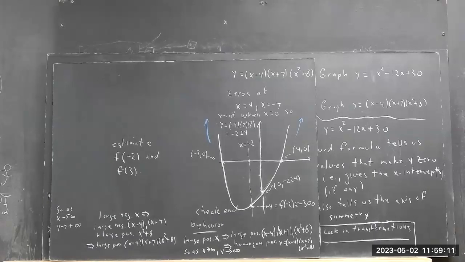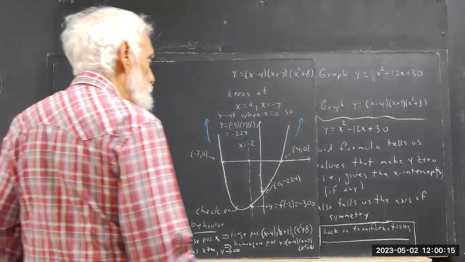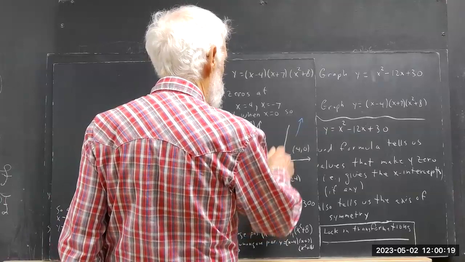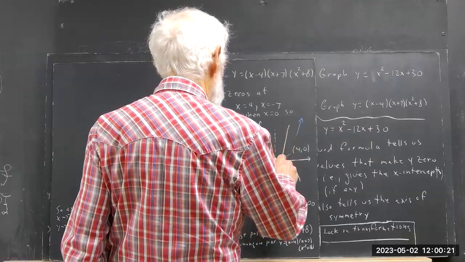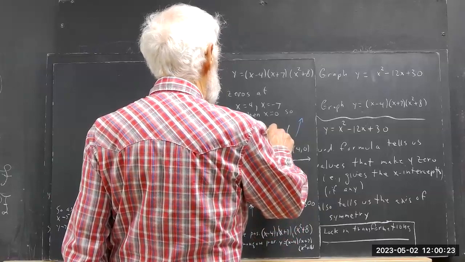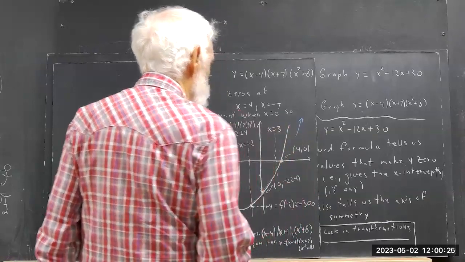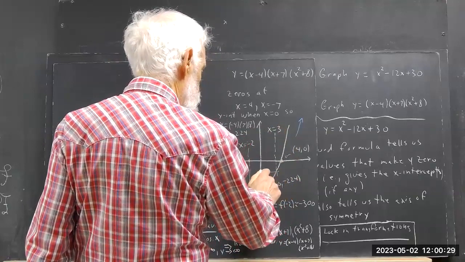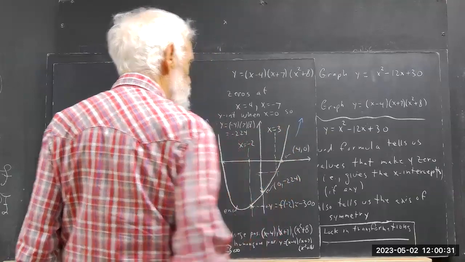We've got to review quite a bit of stuff, so I don't want to take a lot of time on it. To estimate f of 3, well, here's 4, where's 3? 3 is about here. So I can draw the line where x equals 3 and project over to the y-axis.